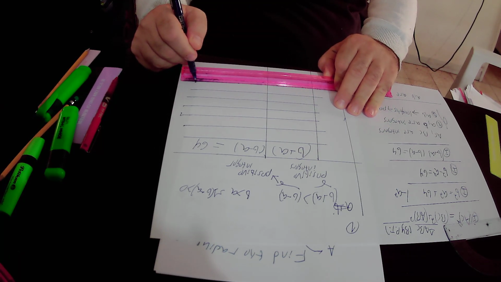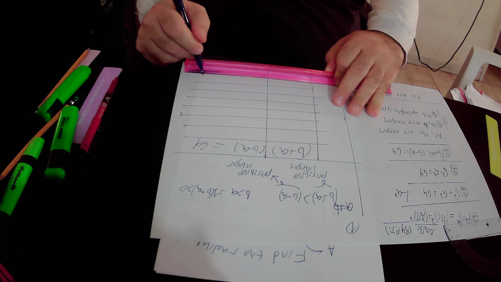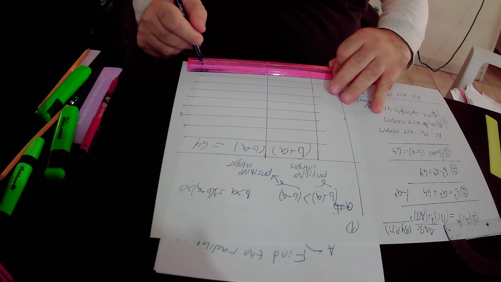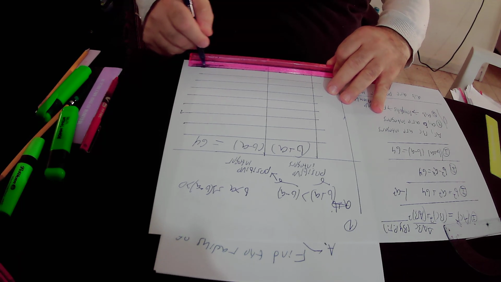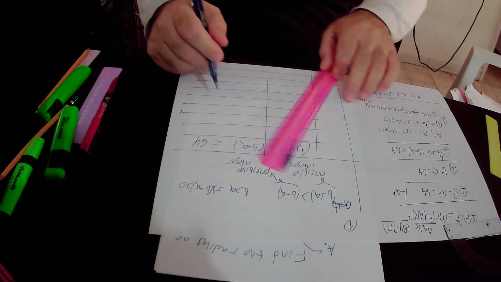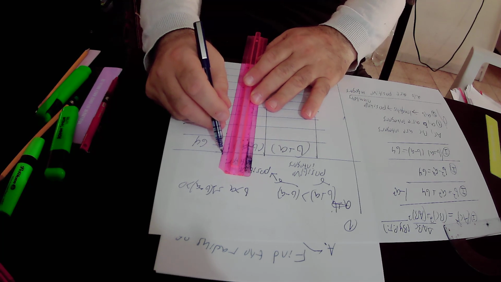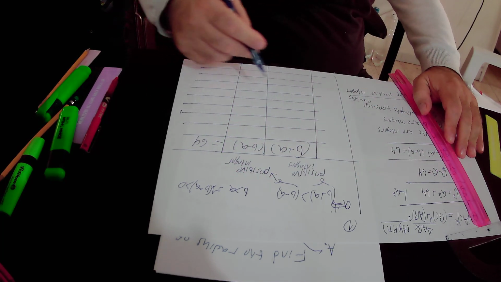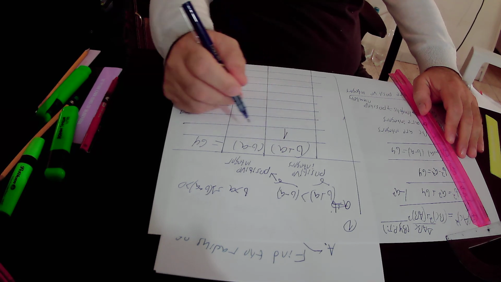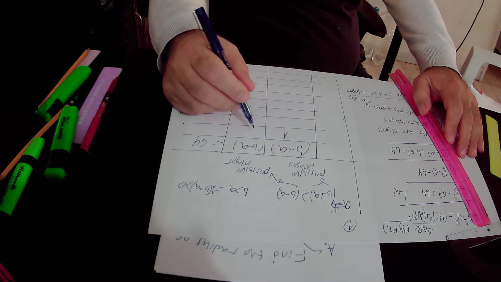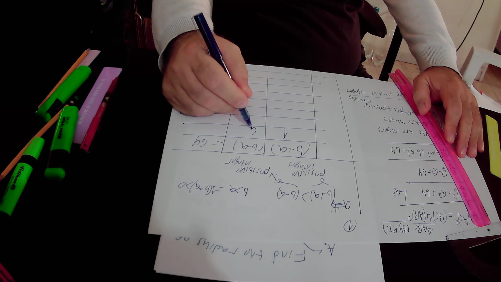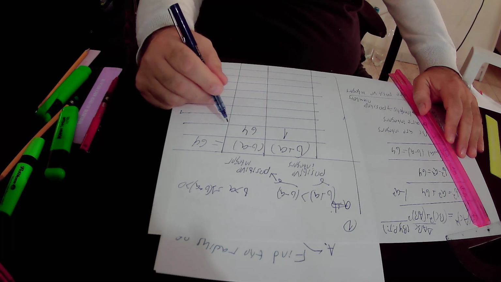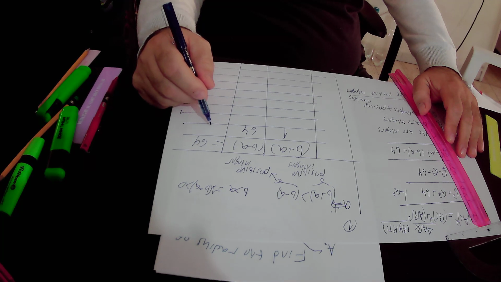Okay, so here we have: the first positive integer could be 1, and the second positive integer could be 64, and the multiplication of those two numbers will give us 64.